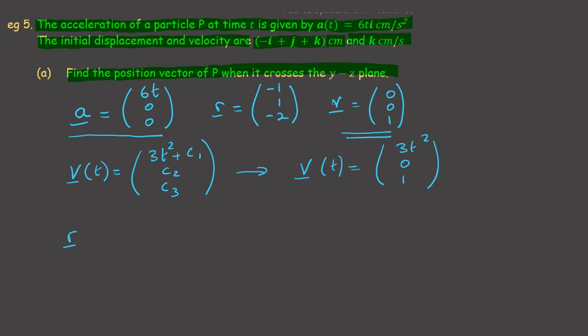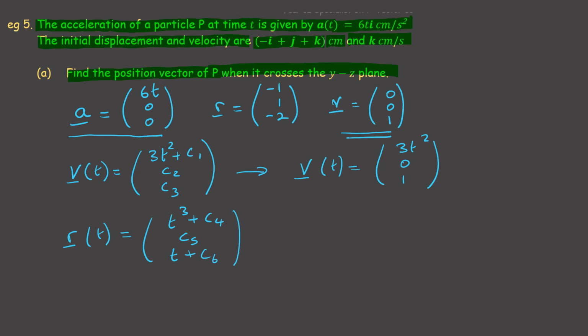To get the position vector at time t, we integrate the velocity. And so that is going to be t cubed plus c4. And then we're going to have c5 and t plus c6.